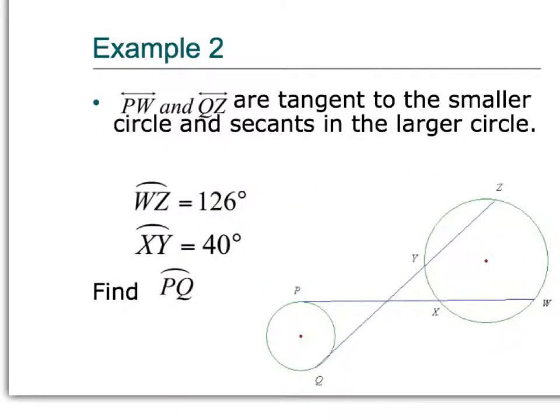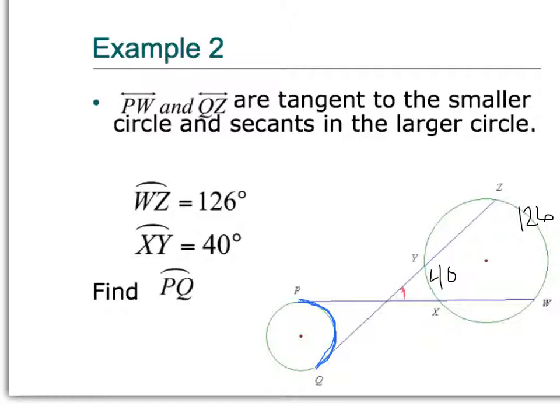Alrighty family, let's put all this information to good use and wrap this thing up. Arc WZ I'm given is 126 degrees. Arc XY I'm given is 40 degrees. They're asking me to find the measure of arc PQ, which is on the smaller circle. Let's figure out what I know. So I'm going to be checking out this little angle over here.